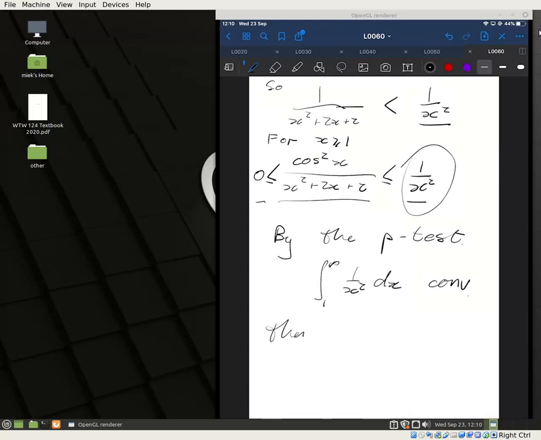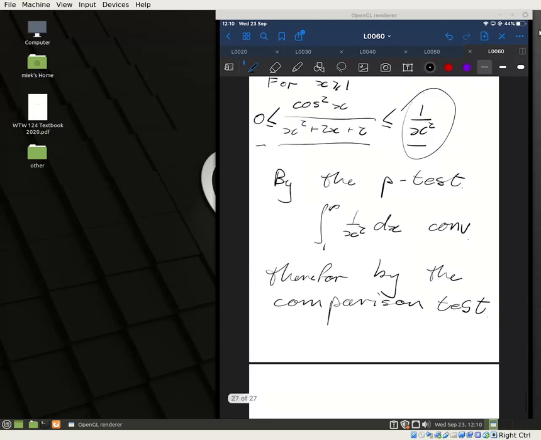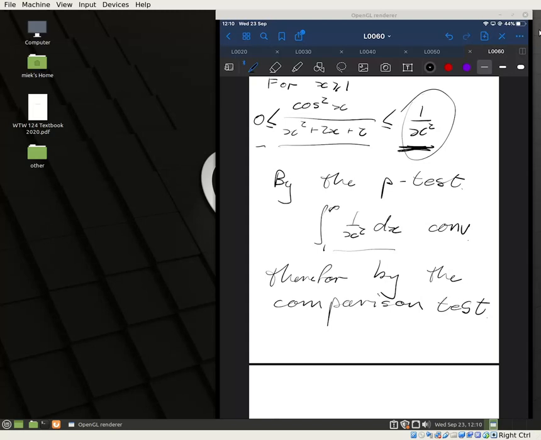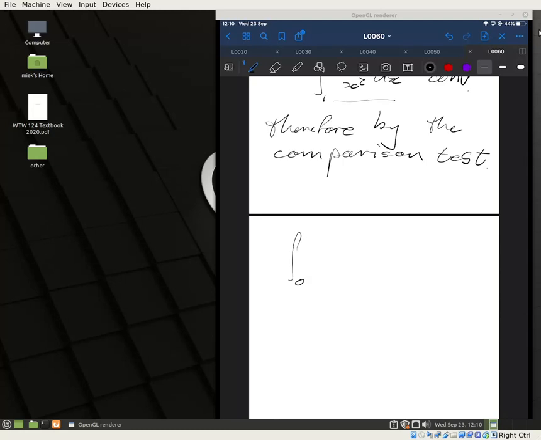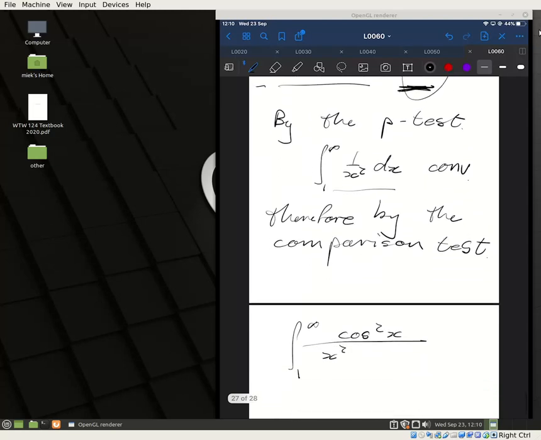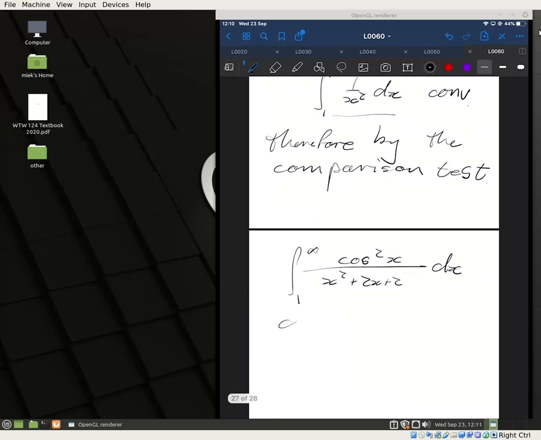And therefore, by the comparison test, since the bigger one converges, we have that the integral from 1 to infinity of cosine squared x over x squared plus 2x plus 2 dx also converges.